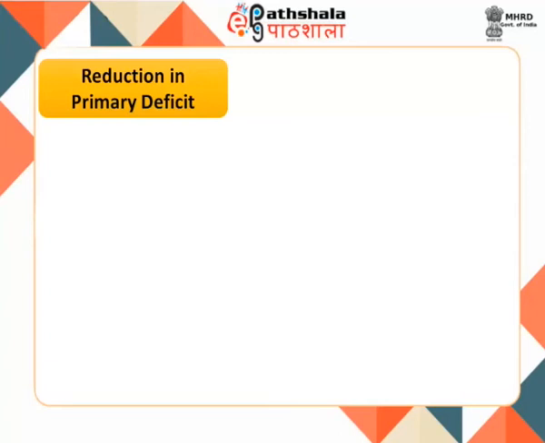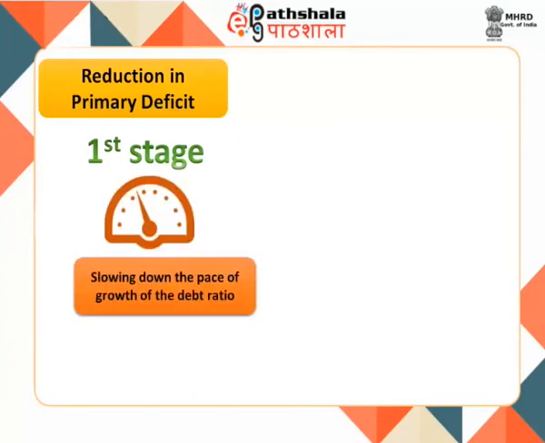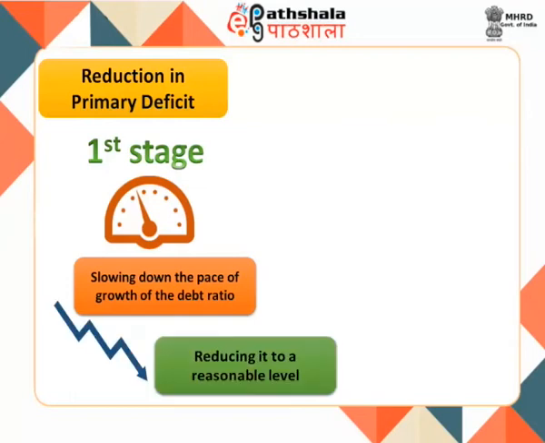Reduction in primary deficit. Corrective action with respect to the growing internal debt must be carried out in two stages. In the first stage, action must be directed towards slowing down the pace of growth of the debt ratio or reducing it to a reasonable level.